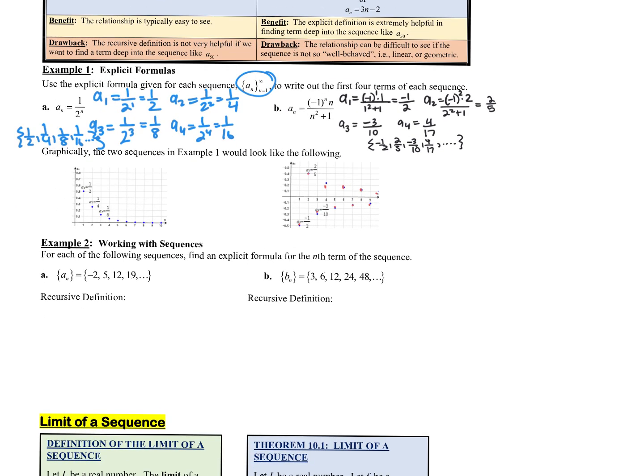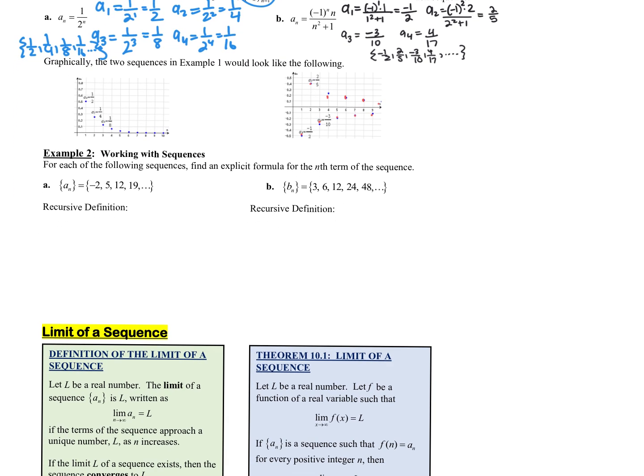So let's just real quick look at a couple more explicit definitions. Just in case we have to write the explicit definition, I will also give you the recursive definition here. You don't really need to know how to write those. Those are not really important for us, but just so you understand what they mean. So here, the recursive formula for this, we are adding 7 each time to get to the next term.